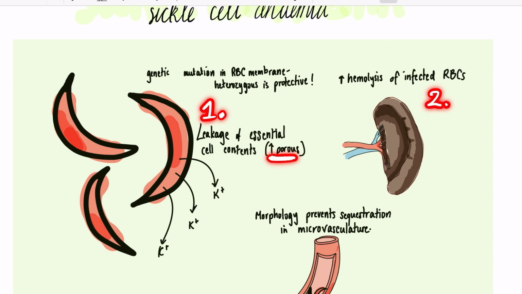A second reason is because sickled cells are usually detected by the spleen as abnormal and hemolyzed. So increased hemolysis of infected red blood cells is protective against malaria. And a third reason is because the morphology of sickle cells prevents their sequestration in the microvasculature.